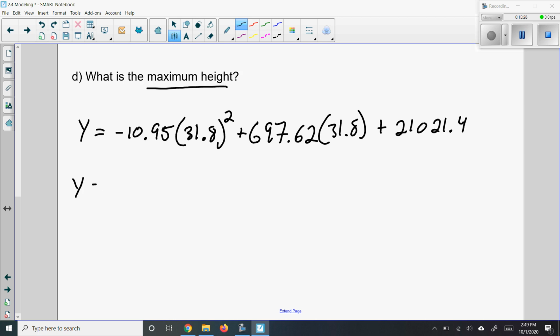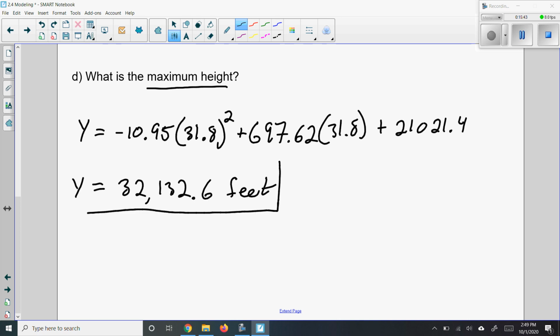When I plug all of this into my calculator, what I get is 32,132.6 feet.